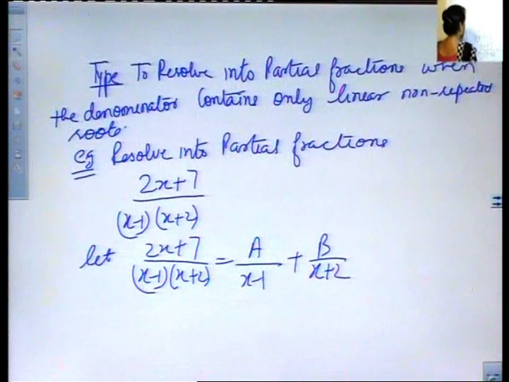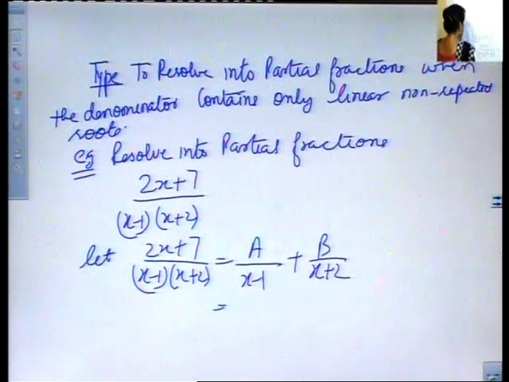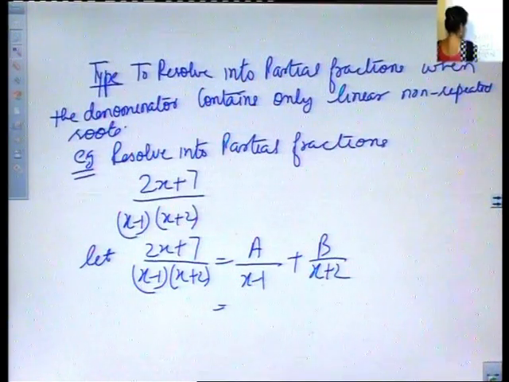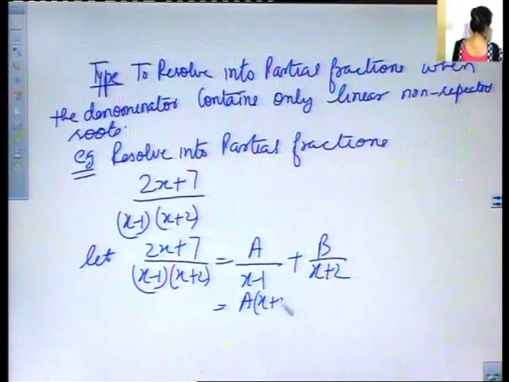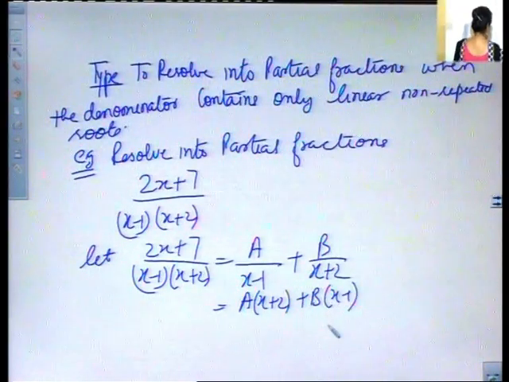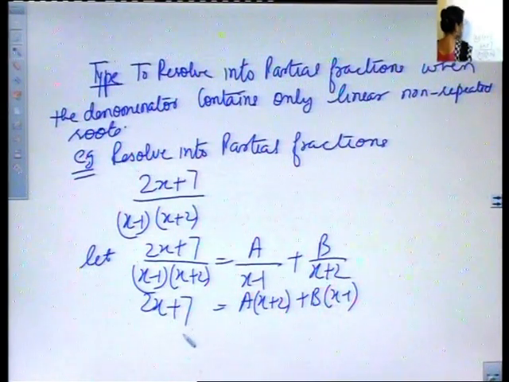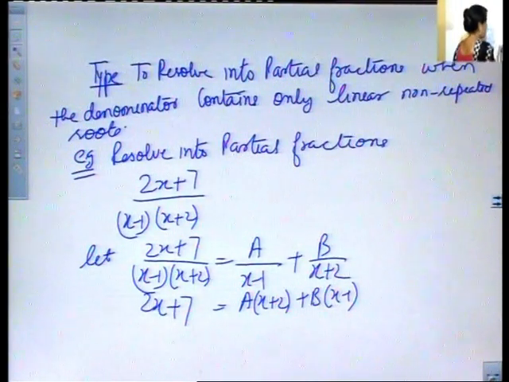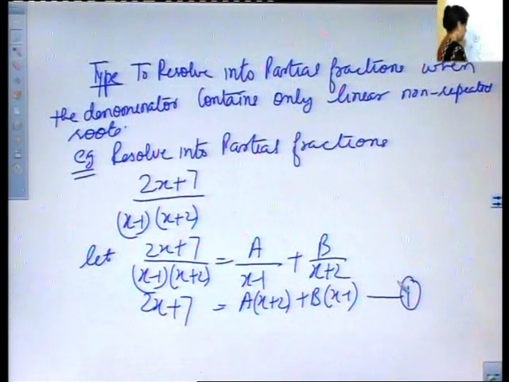Now taking the LCM on the right hand side and cancelling the denominator, we get a(x plus 2) plus b(x minus 1) is equal to 2x plus 7. Let this be number 1.